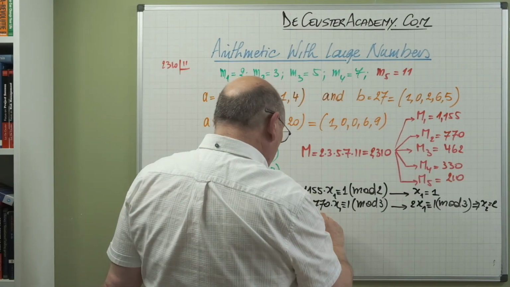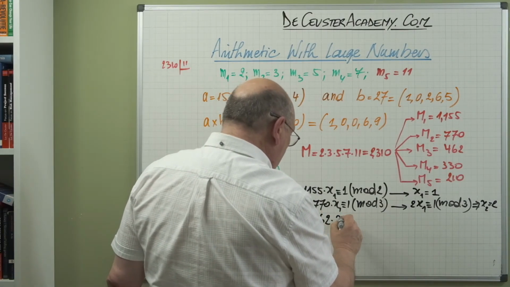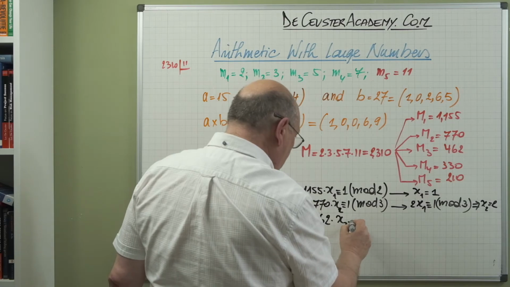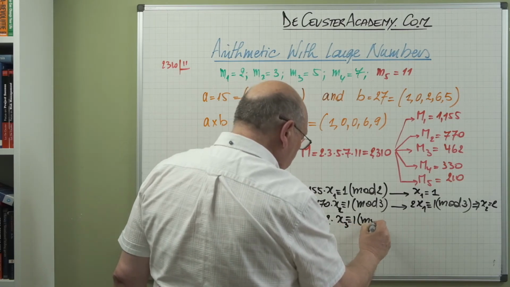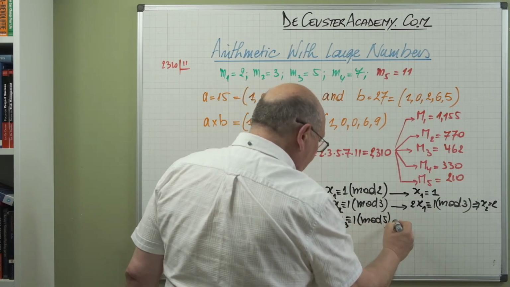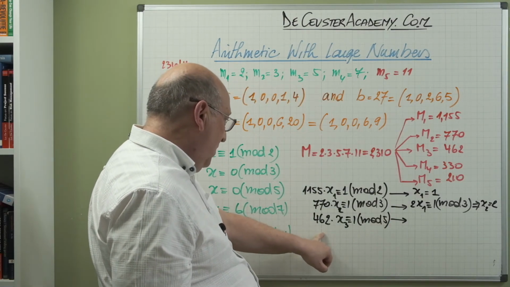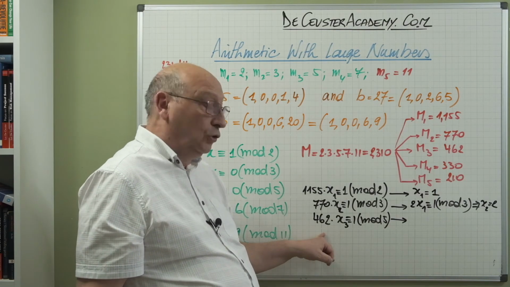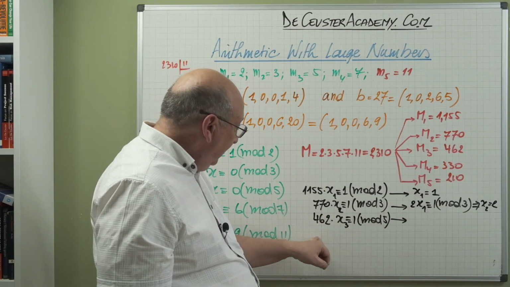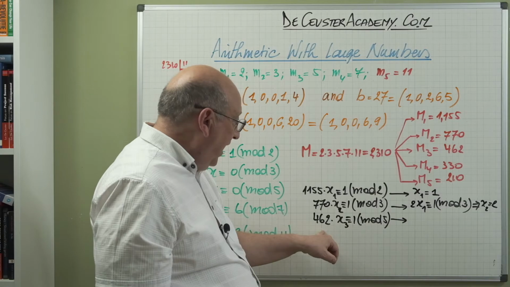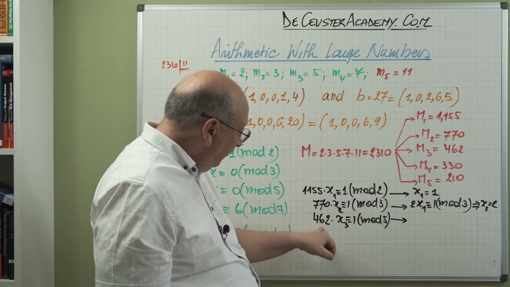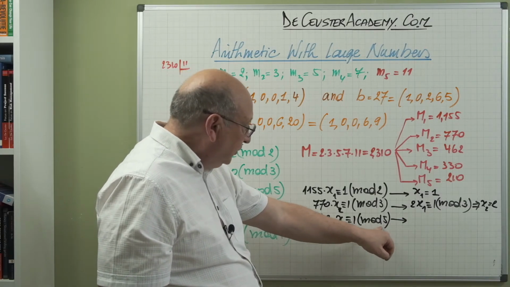Now we have 462 times x3 congruent with 1 modulus 5. And when we look at 462 modulus 5, we divide by 5, the remainder is 2, because we have 460, which is divisible by 5.